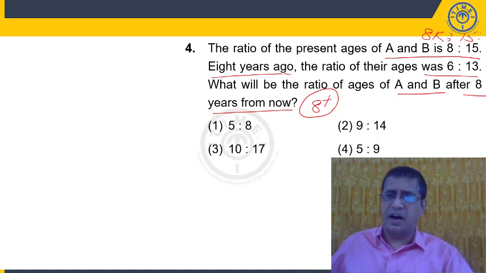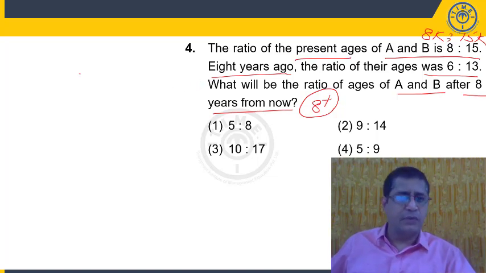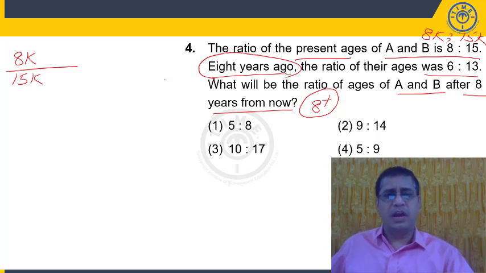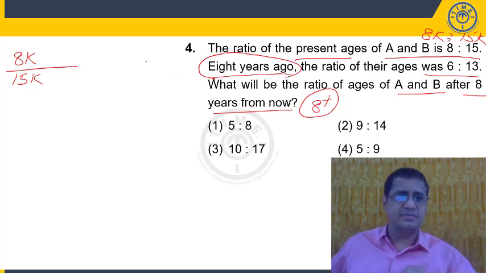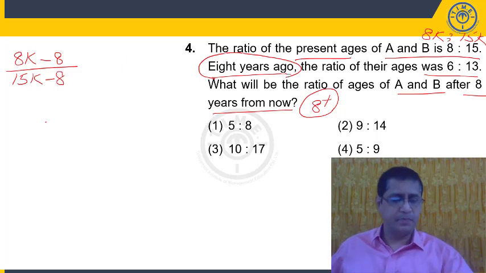8K and 15K are the present ages of A and B. 8 years ago means we need to subtract 8 from 8K as well as from 15K. Then the ratio will be 6:13.